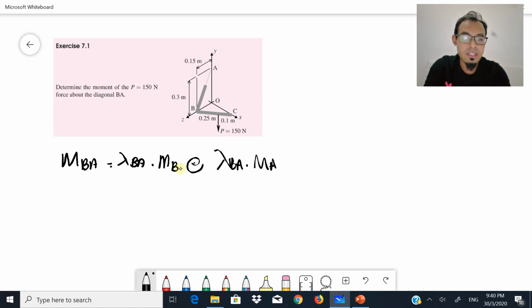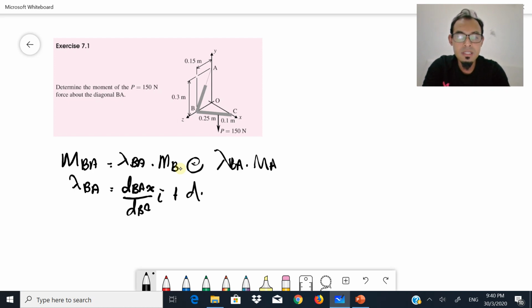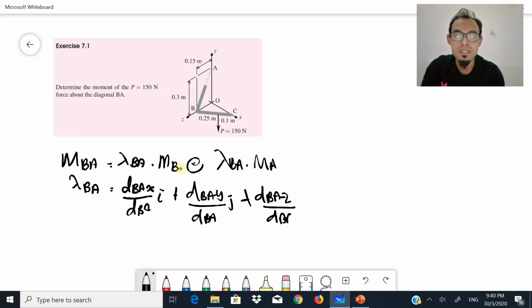Before that, we can find our lambda. So lambda_BA equals d_BAx over d_BA i plus d_BAy over d_BA j plus d_BAz over d_BA k.